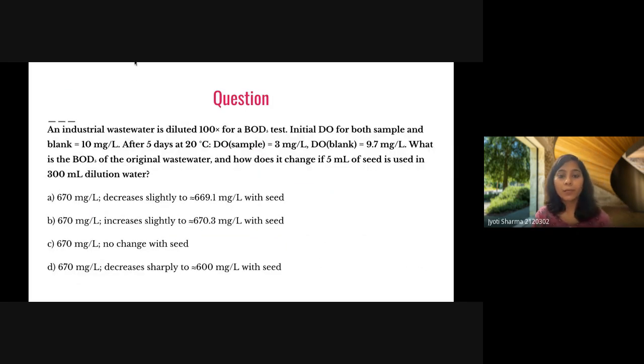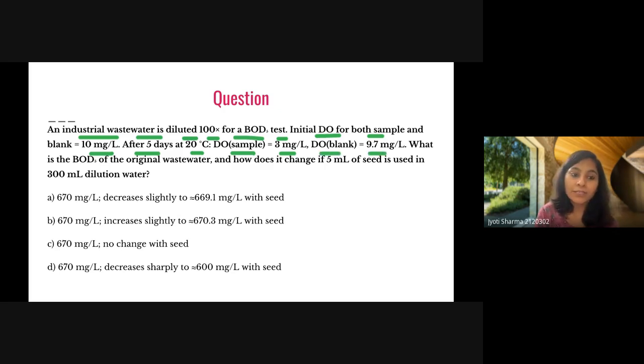Okay, so the question is, if industrial wastewater is diluted 100 times for BOD 5 test, initial DO for both sample and blank is given as 10 mg per liter. Then after 5 days at 20 degrees Celsius, DO of the sample is 3 mg per liter, DO of the blank is 9.7.